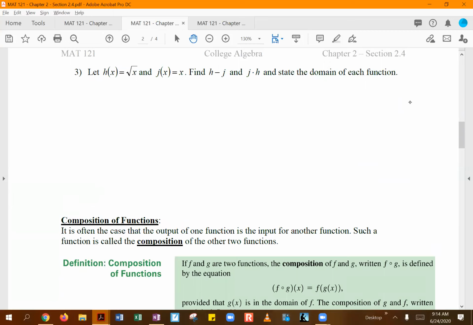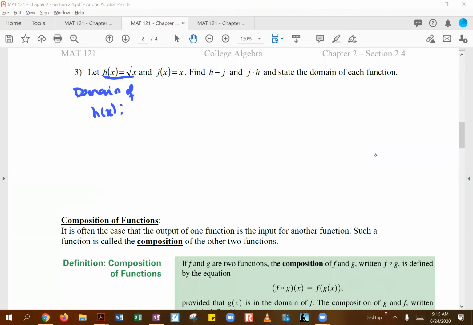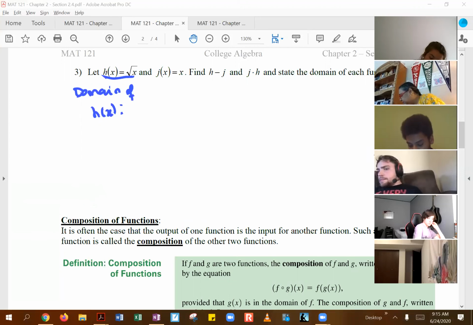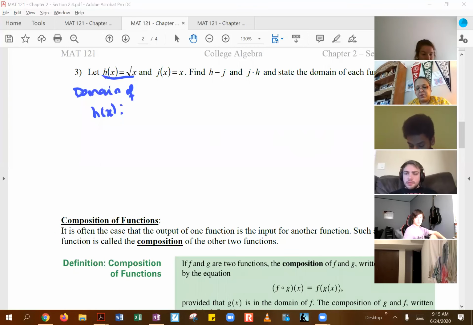Before we talk about the domain and find the functions, let's see what the domain for each individual function is going to be. For the domain of the h function, which is your square root of x, we talked about square root of x extensively in the last two sections, both 2.2 and 2.3.